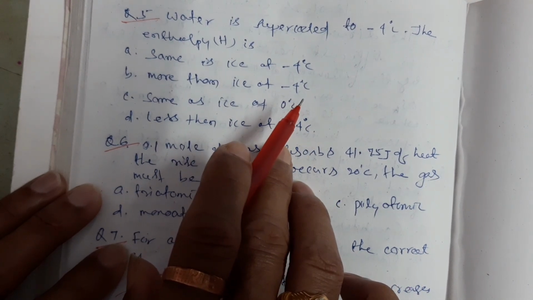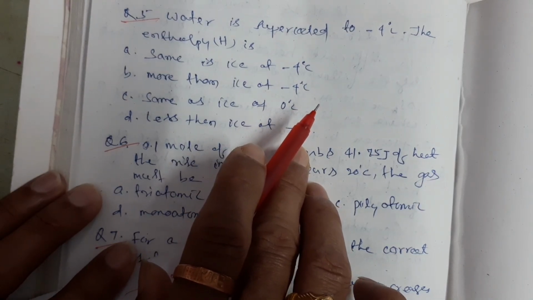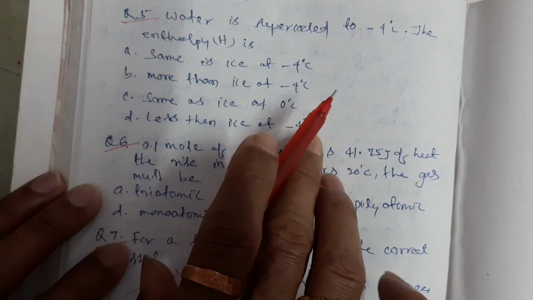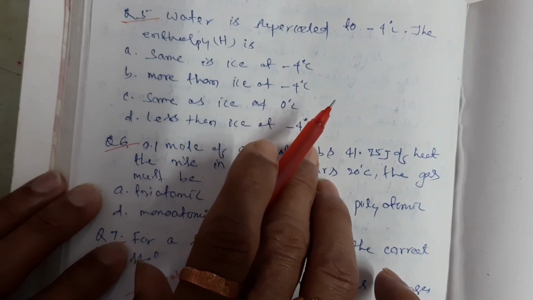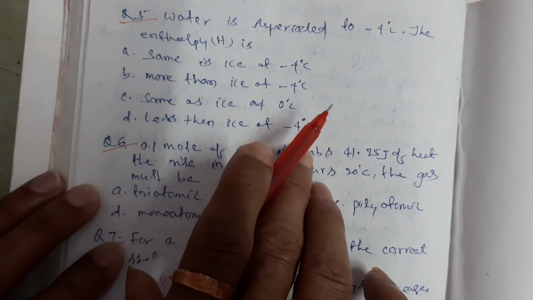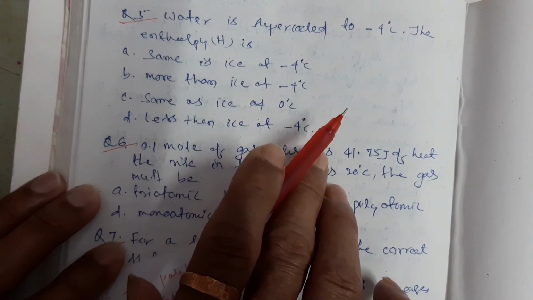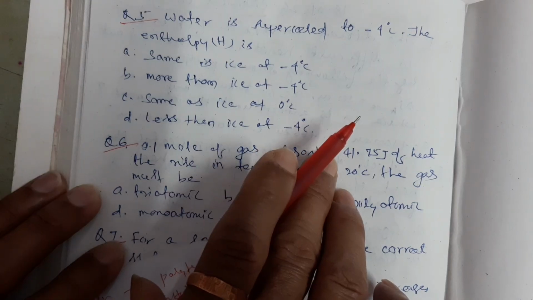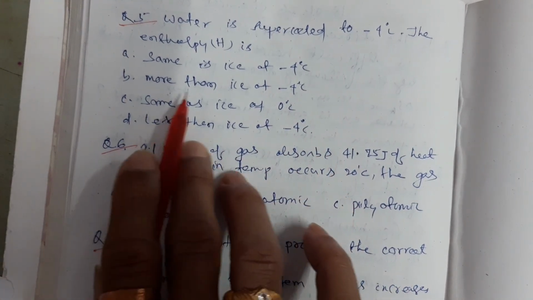Supercooled water maintains a higher enthalpy, that is energy, compared to ice at the same temperature because the molecules are not locked into the lower energy crystalline structure of ice. So choice B is the correct answer.